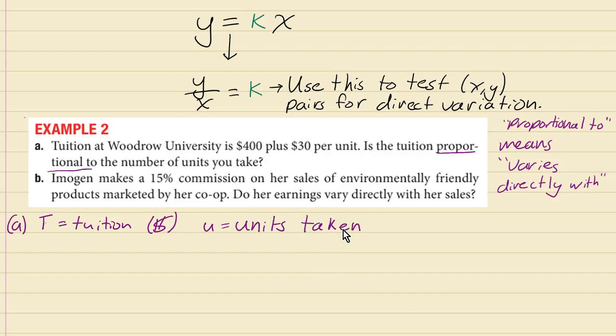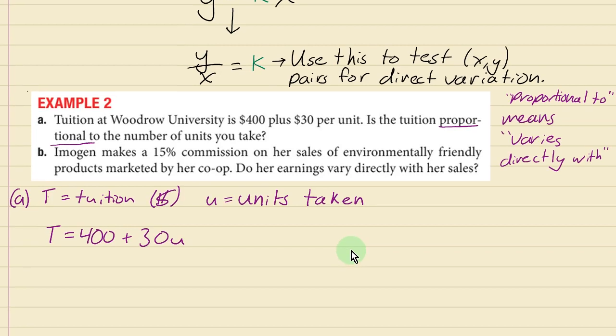And this describes a linear equation because it starts out at a certain number if you take 0 units, but then it increases at a constant rate. So we're going to say that the equation for this is t equals 400 plus 30 times u. That's just like from chapter 1 when you have a linear equation, and it gives you a starting value and then a rate that the tuition increases as u increases.